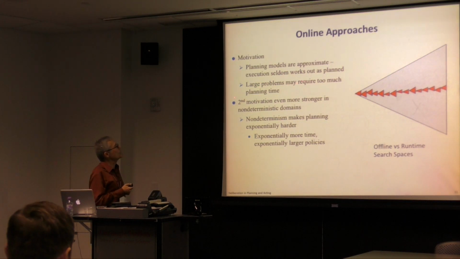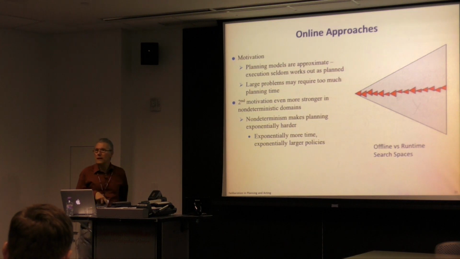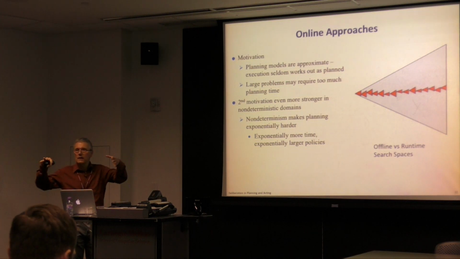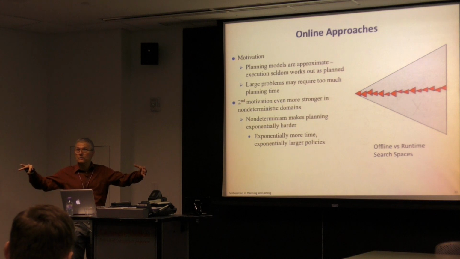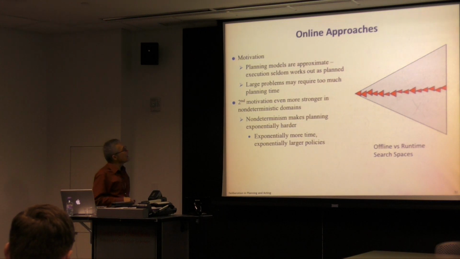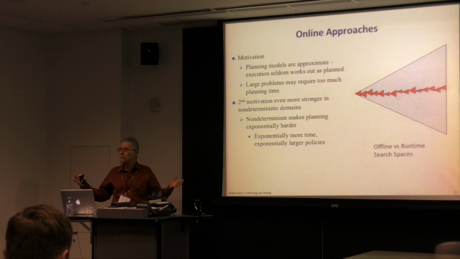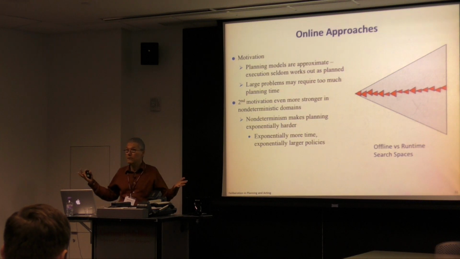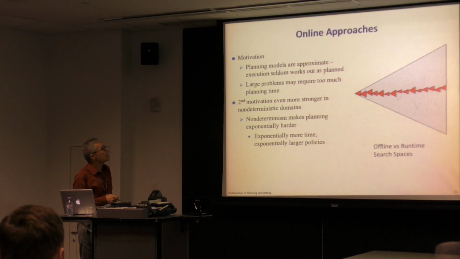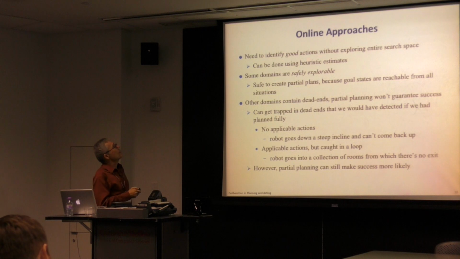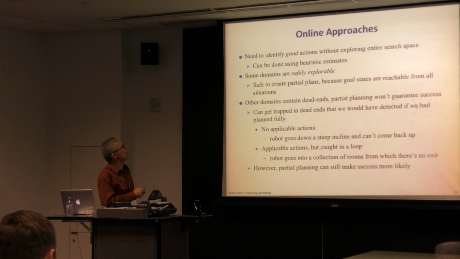Our large problems may require too much planning time if we're trying to come up with a policy for a large search space. Non-determinism makes the planning exponentially harder. Some of these algorithms can take a large amount of time. The same is true for MDP algorithms.